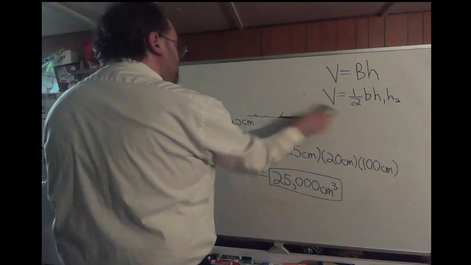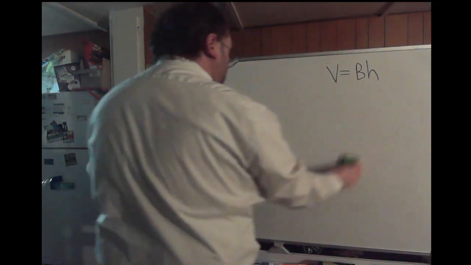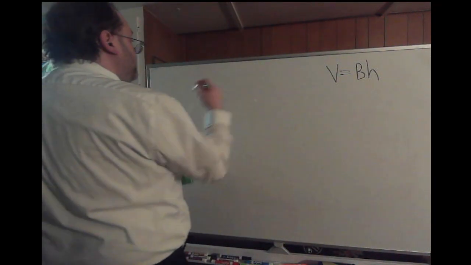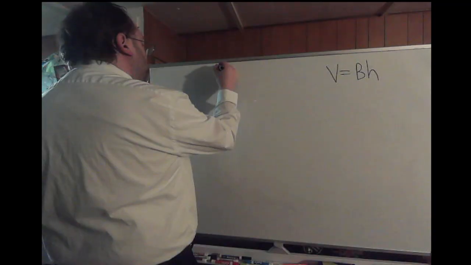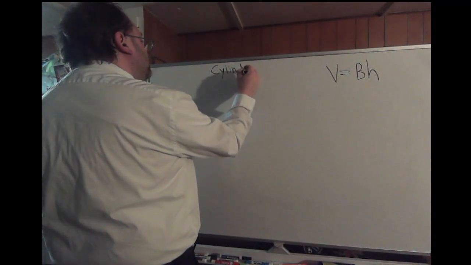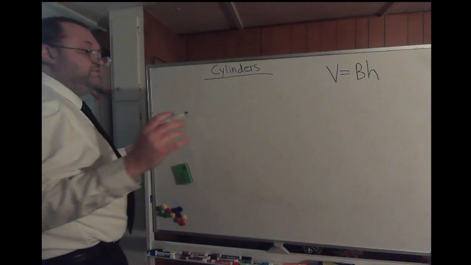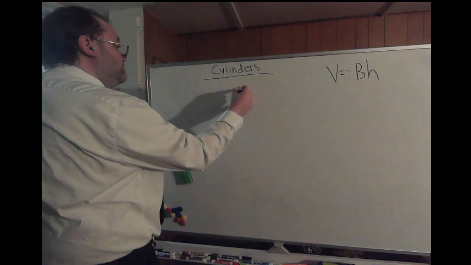But next we're going to talk about cylinders, which you could argue are a type of prism, but they're classified differently because the bases of cylinders are circles.